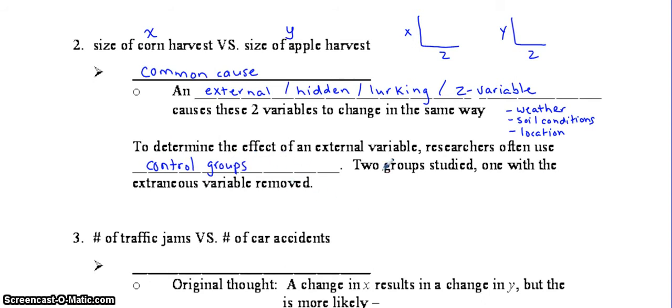With control groups, two groups are studied, one with the extraneous variable removed. As an example, let's say that you were doing a study on a medicine and you were wondering if the medicine actually worked.